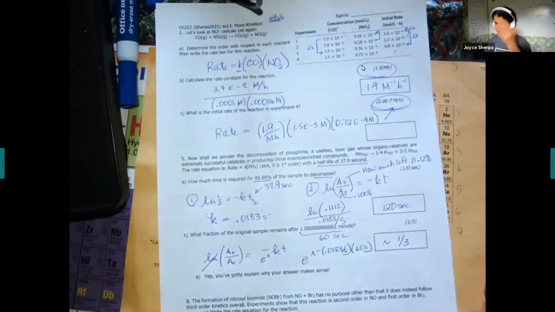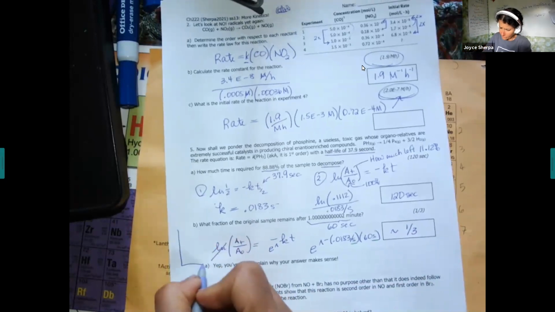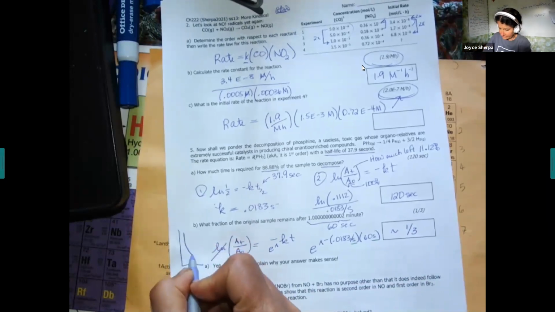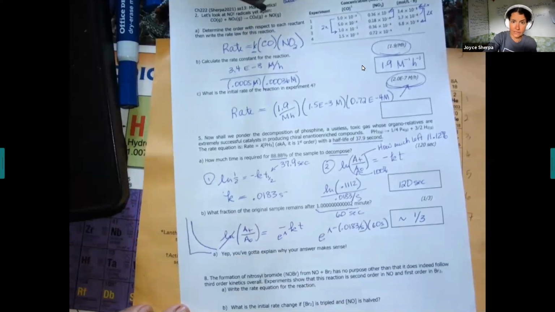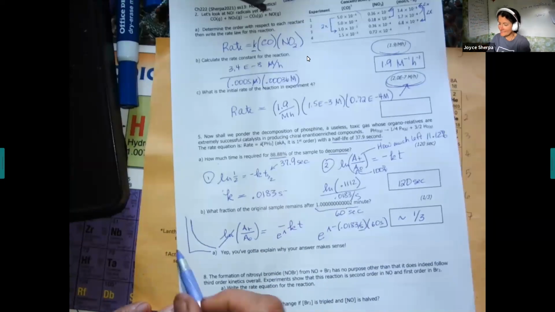Some people like percents better, some people like fractions better. A comment to realize: this is a natural log decay, which means our graph has that curve to it. It is not a linear decay.